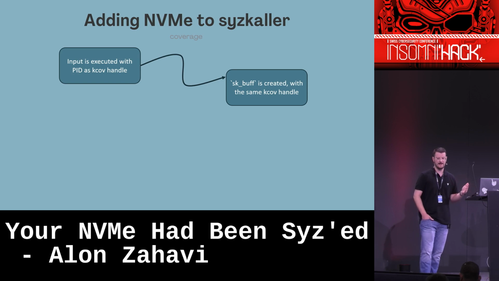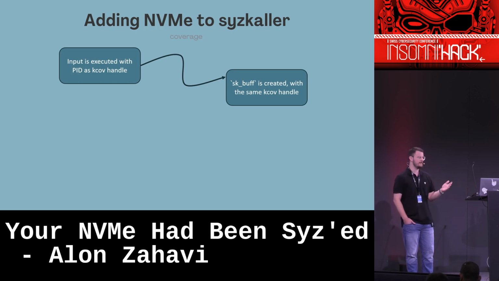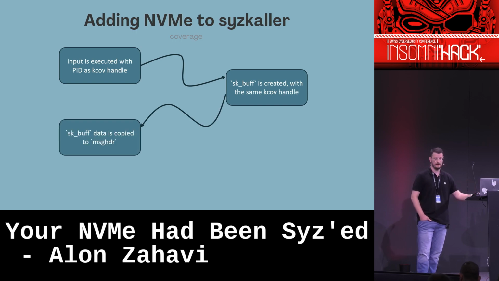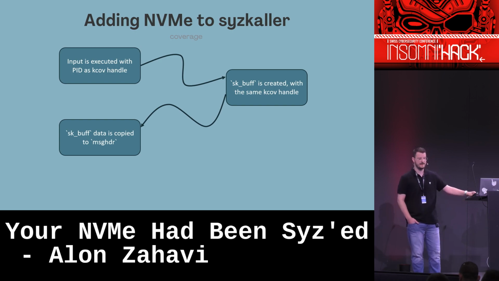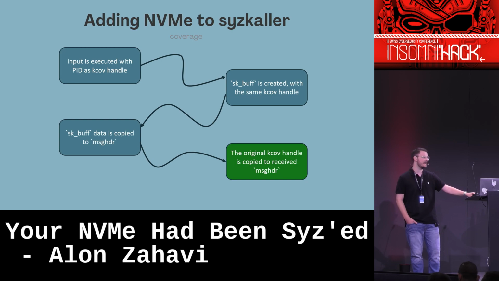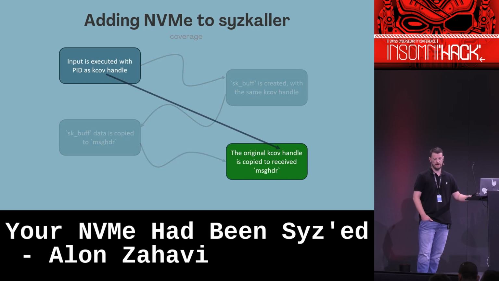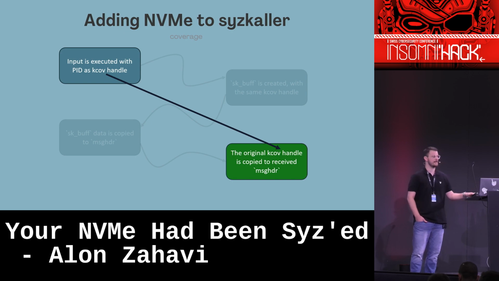When it creates the skbuff during the sending of the TCP packet, the skbuff gets the same kcov handle. And when the skbuff data is copied inside the message header, the original kcov of the executed input is copied into the received message header. And that way, we successfully managed to get our kcov handle inside the NVMe driver.